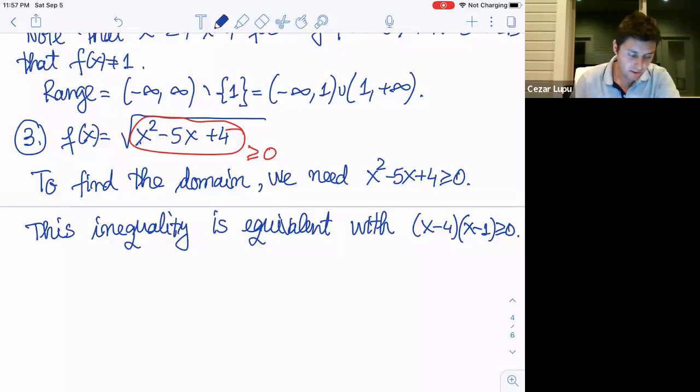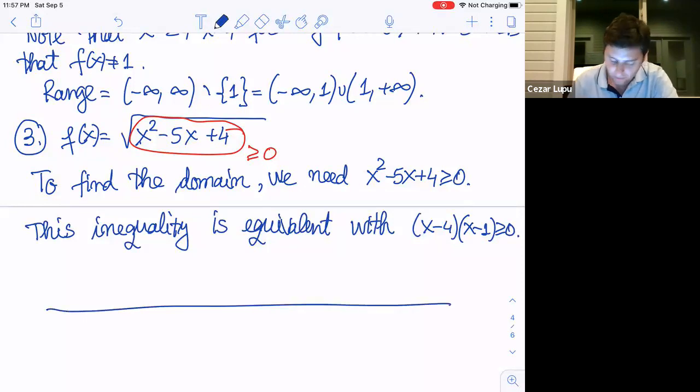In other words, let me draw a picture first of all. So we have this negative infinity, infinity. And we have these values here, 1 and 4.